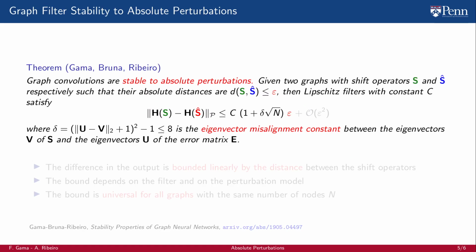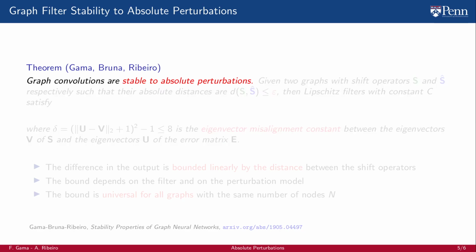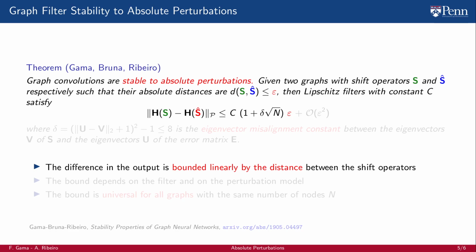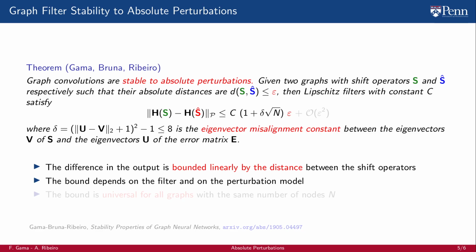The main theorem of this segment states that graph convolutions are stable to absolute perturbations. Given two graphs with shift operators S and S hat respectively, such that their absolute distance is smaller or equal than epsilon, then Lipschitz filters with constant c satisfy the following. The difference in the output is bounded linearly by the distance between shift operators. The bound depends on the filter through the Lipschitz constant c and on the perturbation model through the eigenvector misalignment constant delta.